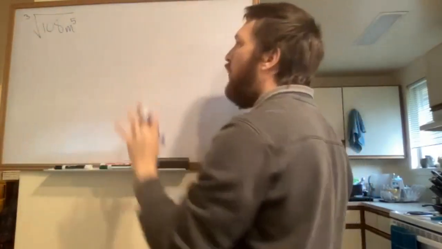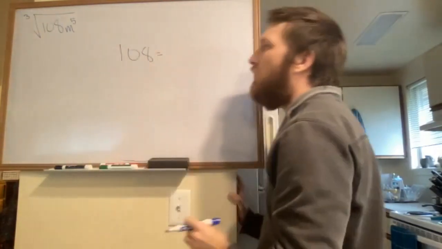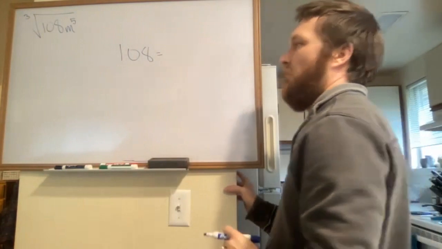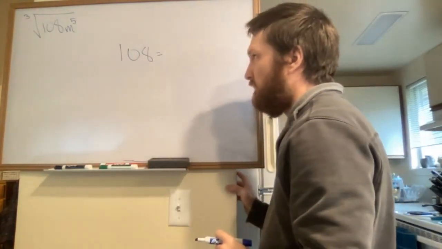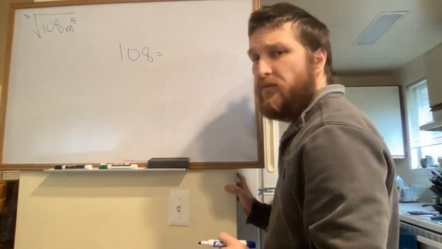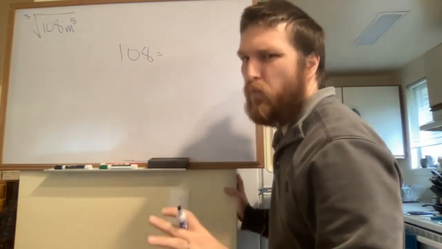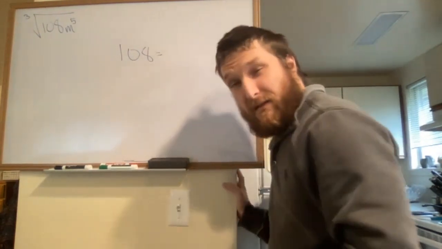So let's factor 108. 108 is equal to what? We don't have to go by twos. We could do this really any way you want to factor 108. I do believe it's 12 times something.